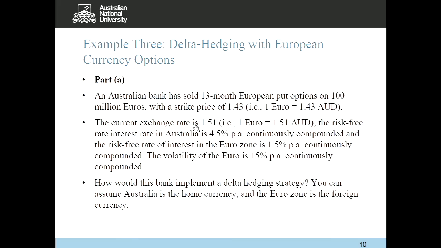The current spot rate is 1.51, and the risk-free rate in Australia, the domestic rate, is 4.5% continuously compounded, and the risk-free rate in the Eurozone is 1.5%. And the volatility on the euro is 15% per annum. How would the bank implement a delta hedging strategy? The question explicitly tells you to assume Australia is the home currency and the Eurozone is the foreign currency. Euro is the foreign currency.